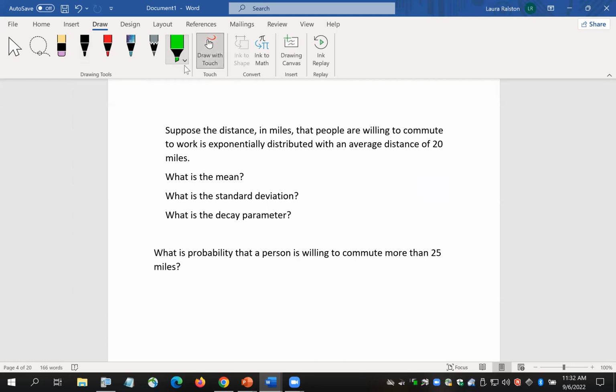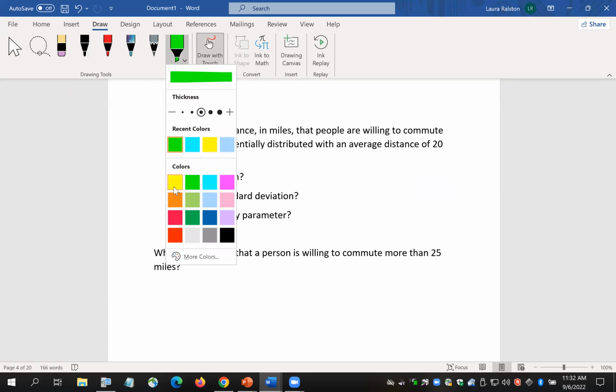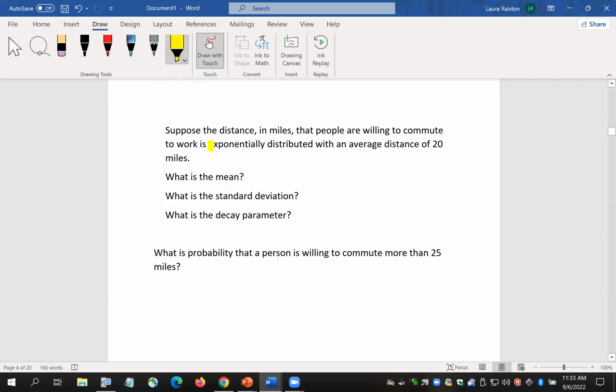Please take the time to read the question fully from start to finish, because in these problems, it's going to identify what type of distribution you have, which should lead you to your formula sheet to say, I'm going to use these formulas for exponential, or for uniform, or later today we're going to get into the normal distribution.